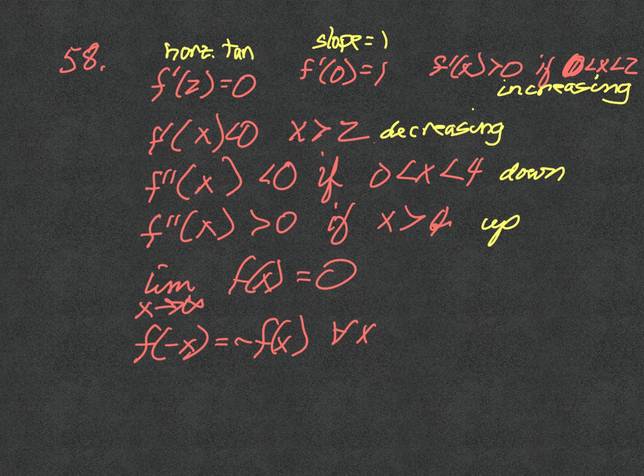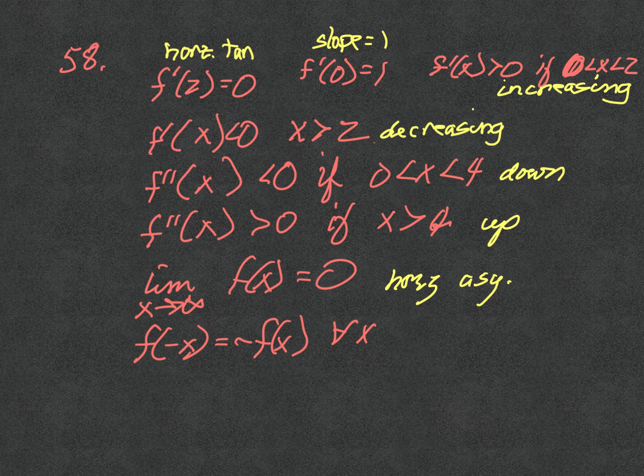And then we have the limit as x goes to infinity of f of x is equal to 0. This is a horizontal asymptote. And then we get this statement right here, f of negative x equals negative f of x for every x.